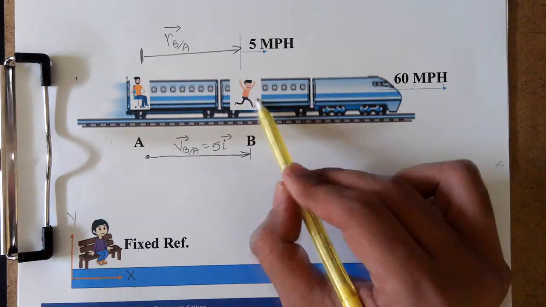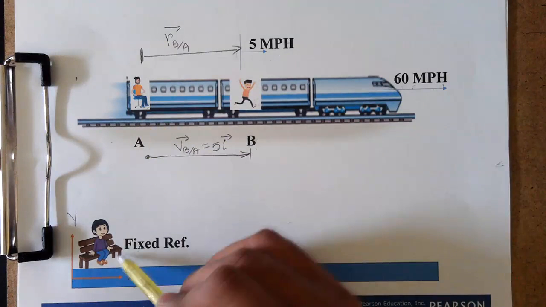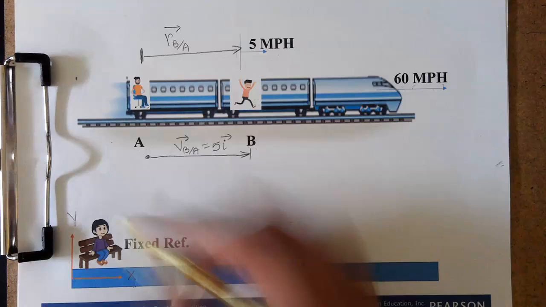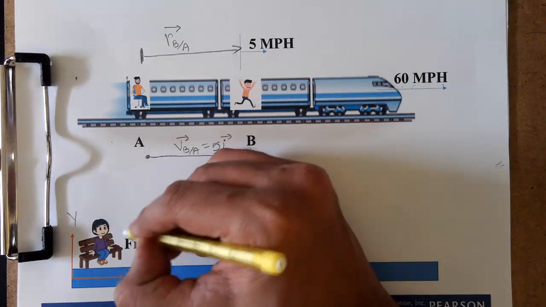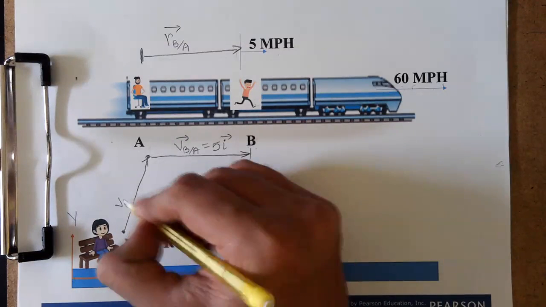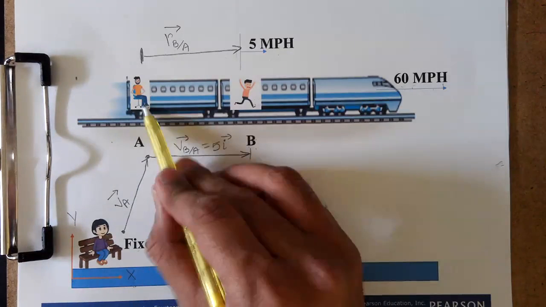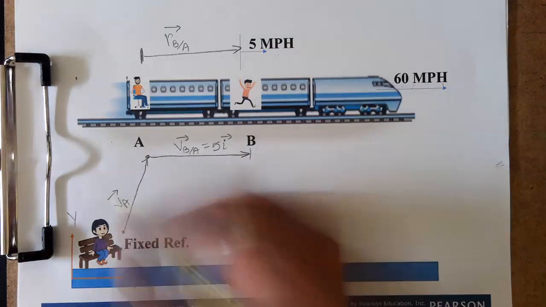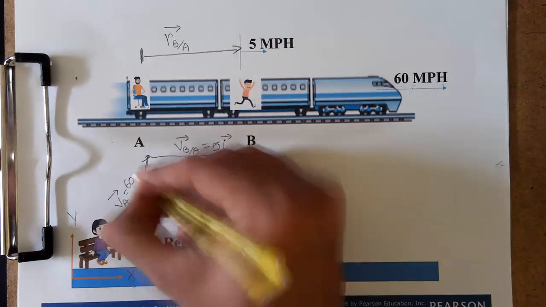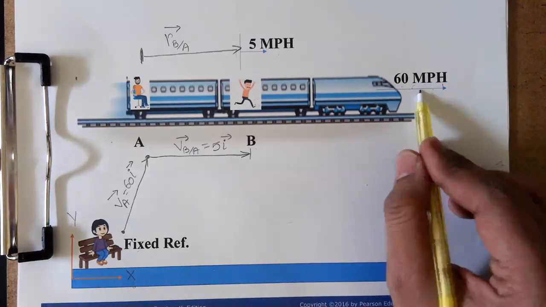In order to find that, we need to find the velocity of the train, or person A, relative to the fixed frame. Let's say this is the reference point. This is the velocity of A, that is the entire train or the person sitting on the train, because everything is moving at the same speed, and this is 60i, because it's also going towards the right.